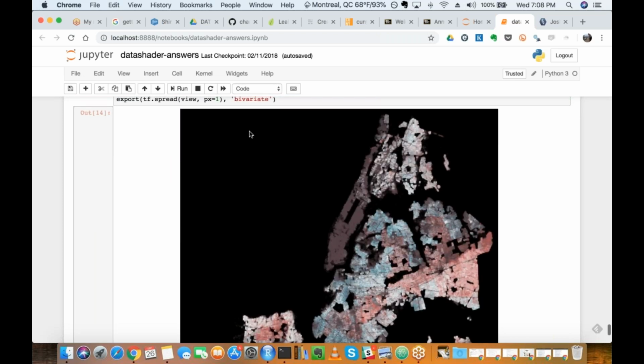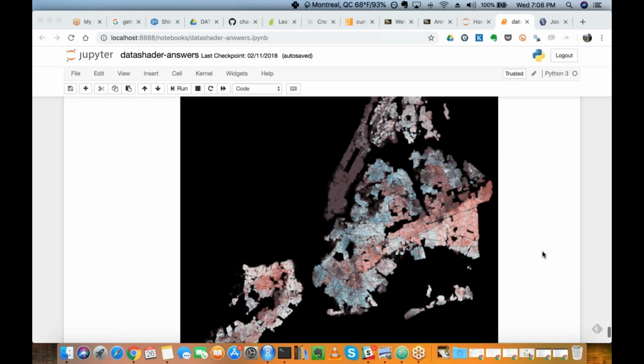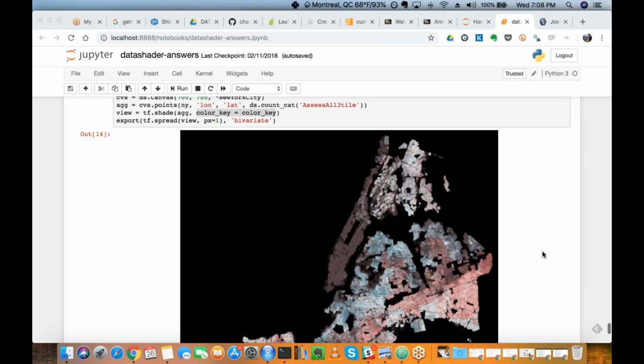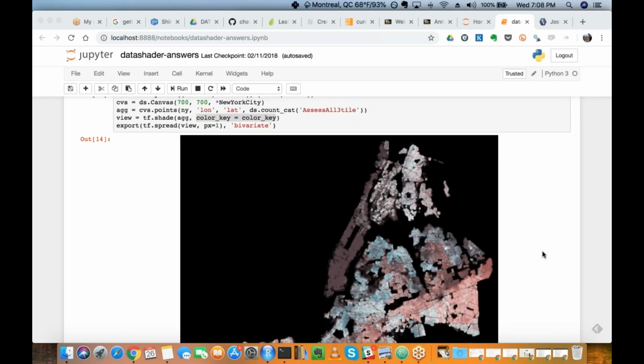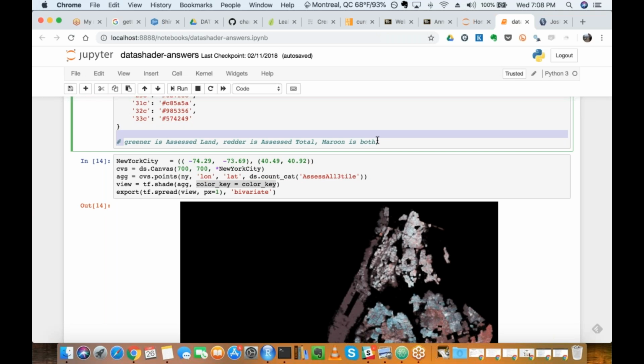And then what we end up with is a pretty cool visualization here. Again, like I mentioned, Datashader is not good at labeling or providing color scales or anything like that, so I just provided a little cheat comment so you're able to see what's happening there.